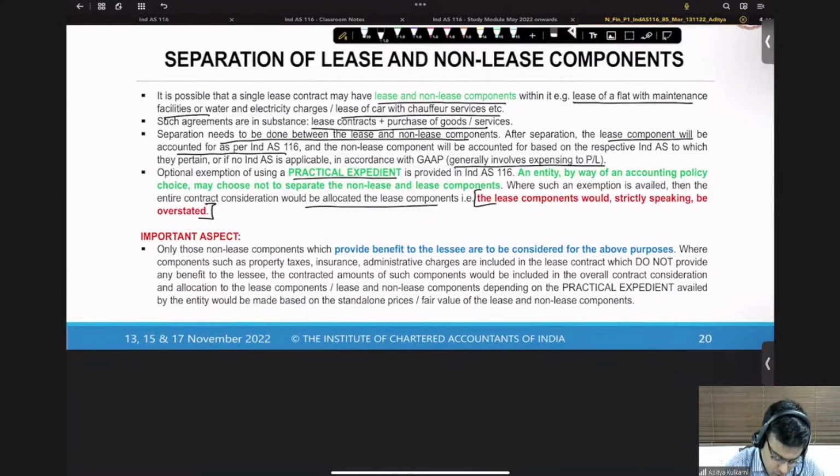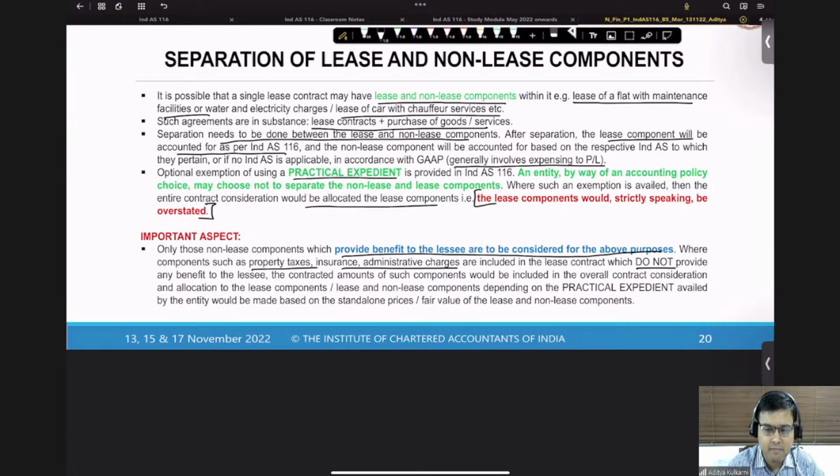Important aspect. Only those lease components which provide benefit to the lessee are to be considered for the above purposes, discussed with you. Components such as property taxes, insurance, admin charges, etc. are included in the lease contract which do not provide any benefit.